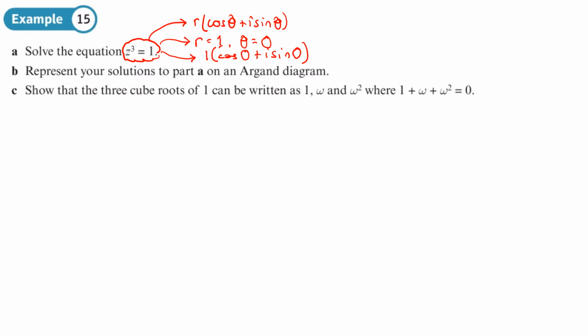Right, so down here, solving part A, we want to solve z cubed equals 1 cos 0 plus i sin 0. We want to find z, which means we cube root both sides.